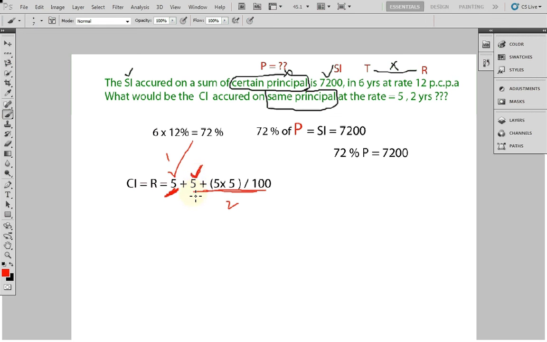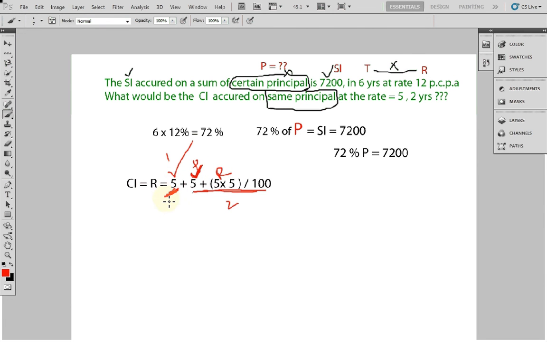This 5 is the first year's interest. 5 of 5 by 100 is rate of interest of rate. This is for principal, this is for rate of interest.